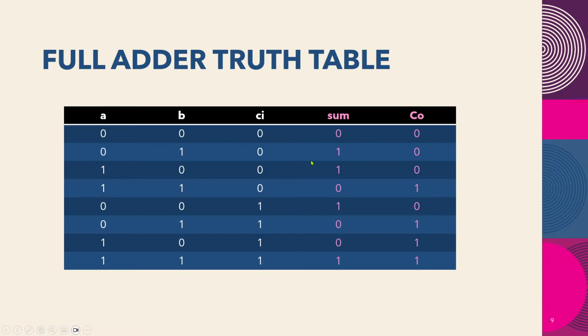For the carry out, you can take the AND for this one, and for this one, you could use an OR operation and then use the carry in operation to select between the AND and the OR operation's value for the carry out operation. That would just be one way to create the full adder.